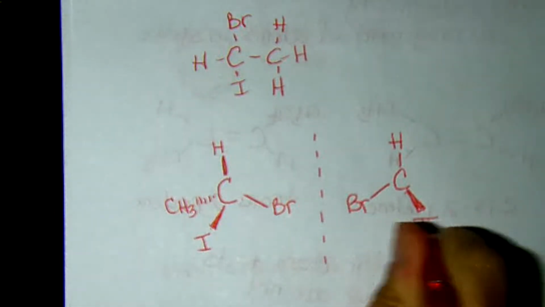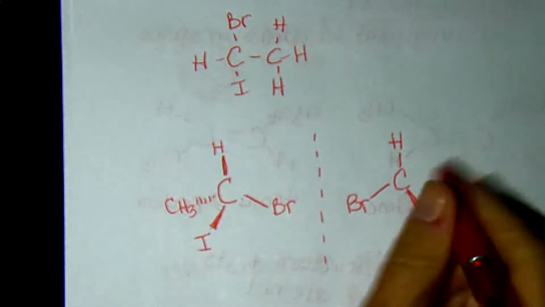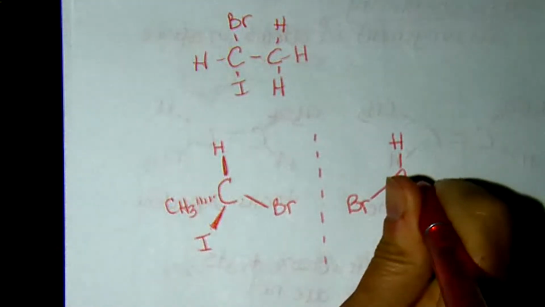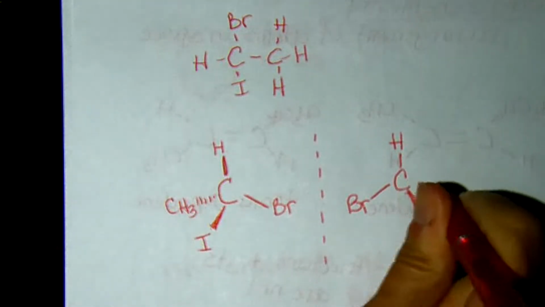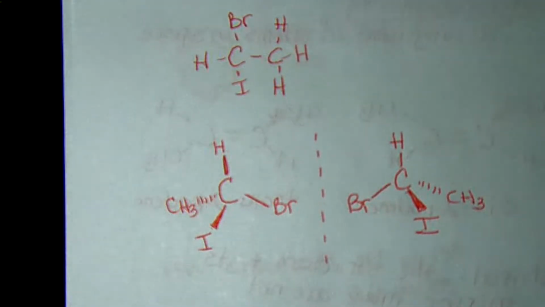That's iodine. And then this one is kind of behind, and so it's pointing a little bit down and to the left. So it's going to be pointed a little bit down to the right. But that would be the mirror image of that.